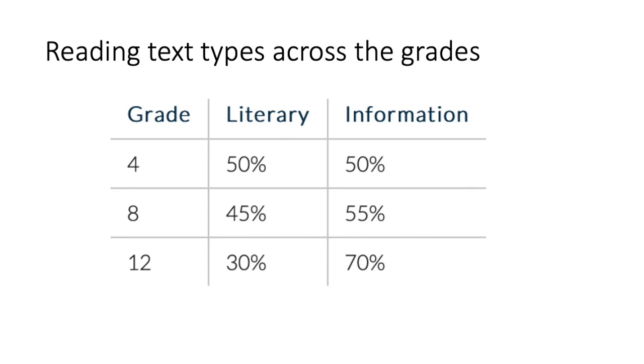But if not, if they're being assigned those texts and they're not being instructed in how to read those texts, then the English language arts teacher, who probably carries the whole of the literary text load, which seems appropriate, may need to weave in more informational text as well if students are not receiving actual reading instruction in those informational texts in the other content areas.